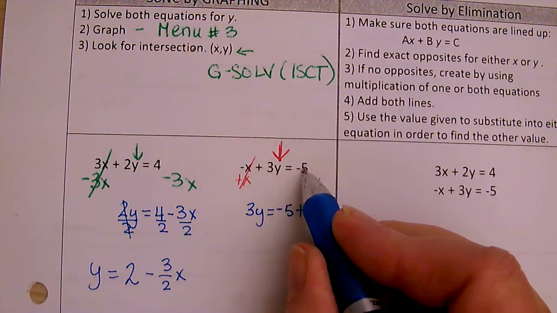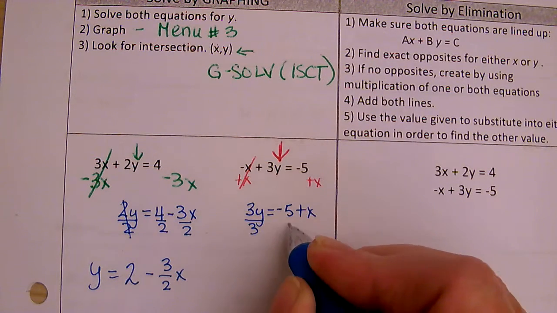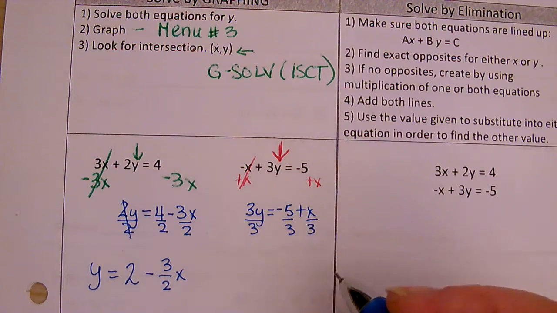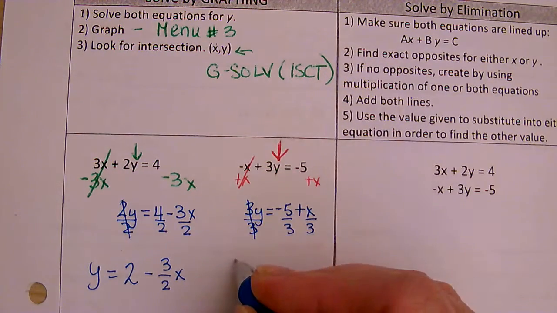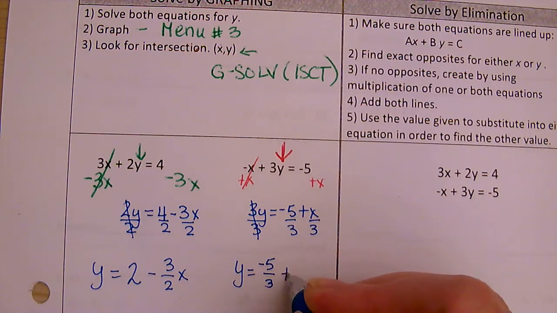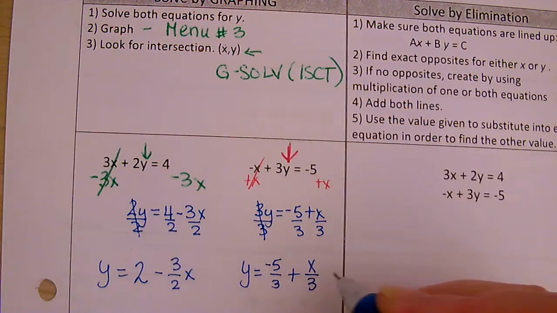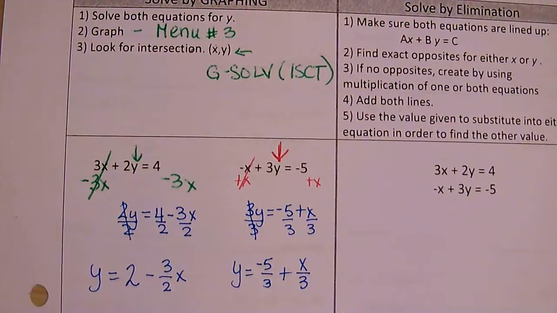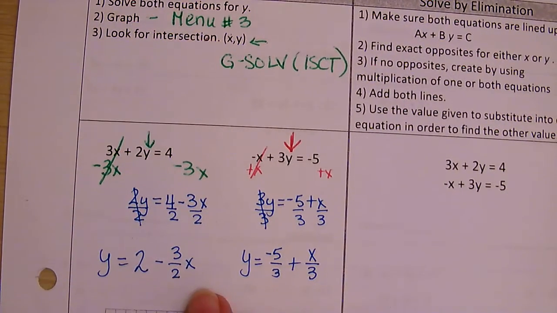So 3y equals negative 5 plus x, divide by 3. The 3's cancel out, and again I'm getting a bunch of fractions, but we will just go with it. That's what's nice about this calculator, is that these fractions are not going to pose a problem at all.